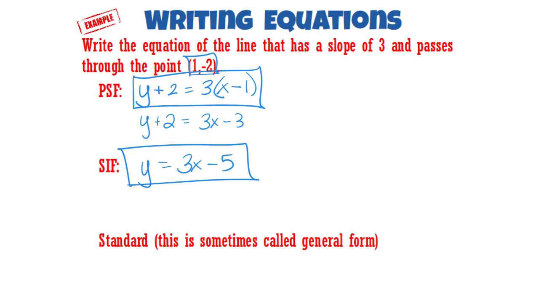So you could do that a couple ways. We typically have the x and the y on the left, so I could subtract the 3x. I'm going to go ahead and do that. I'm going to subtract the 3x to the other side, and then I would have this. But I don't love that the x is a negative, so what we would do is we would just multiply through the whole thing by a -1, which is just going to change all of the signs.